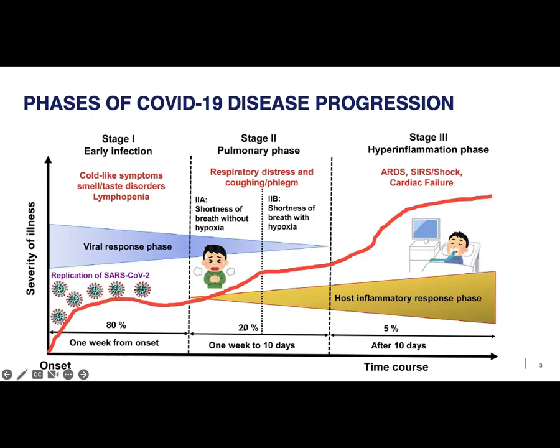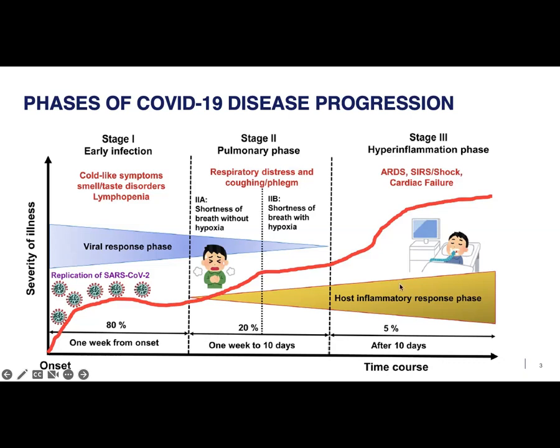And about 20% of people will experience acute respiratory distress syndrome after 1 week to 10 days. And this is where the lungs fail to provide the body with sufficient oxygen. So according to the Center for Disease Control and Prevention, CDC, around 20 to 42% of people hospitalized with COVID-19 experience this stage 2 condition.